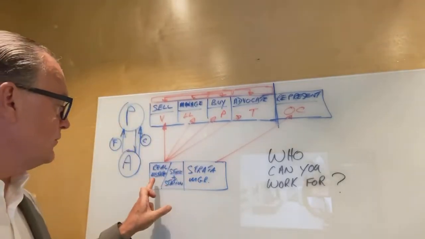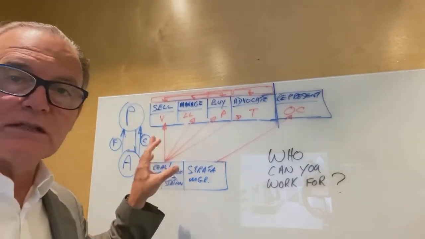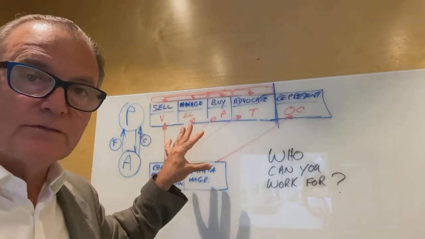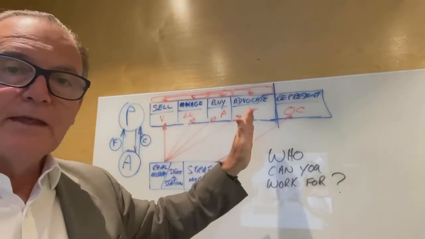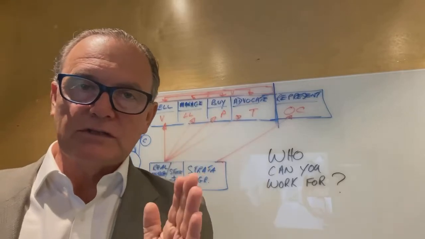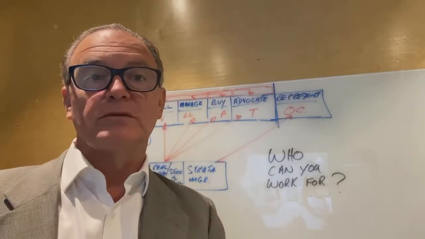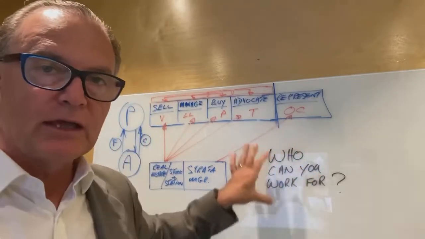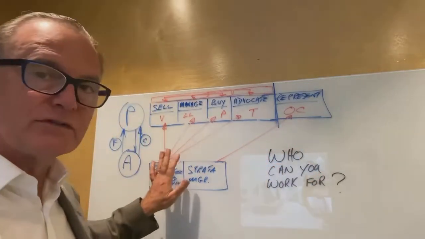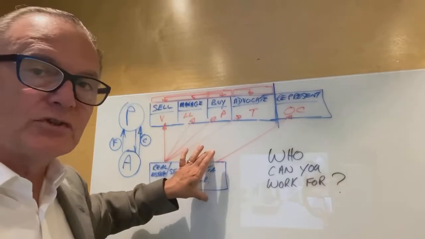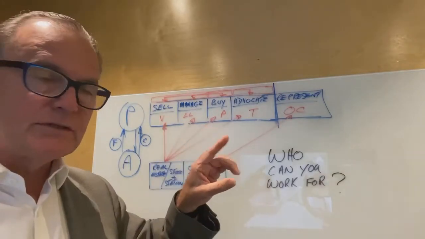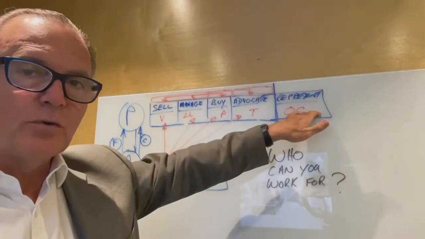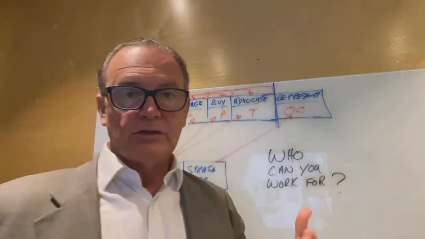The overlap between real estate agents and stock and station agents in this discussion is very significant. Obviously, there's a difference between a stock and station agent and a real estate agent in terms of what they can deal with, but in terms of who they can represent, it's a very similar outcome. And remember, strata managers, separate license, they will represent an owner's corporation under the delegation that they receive.